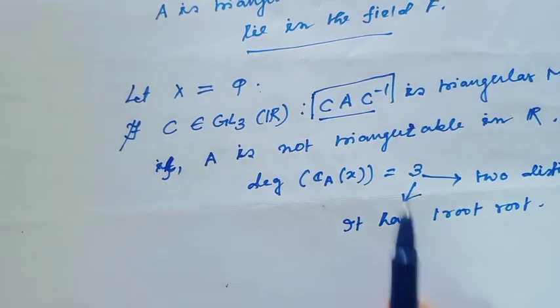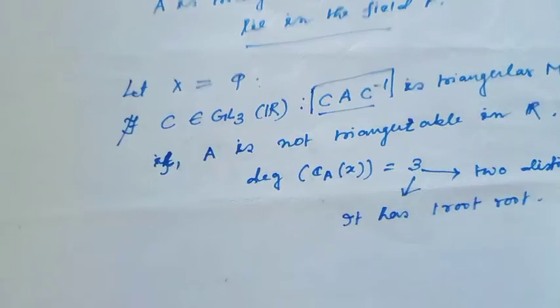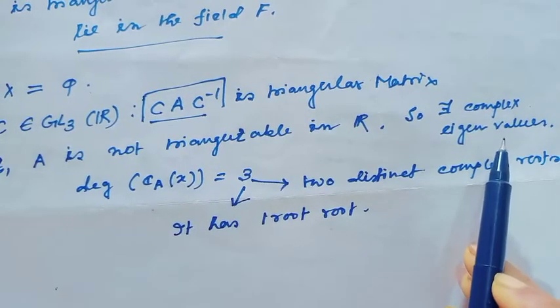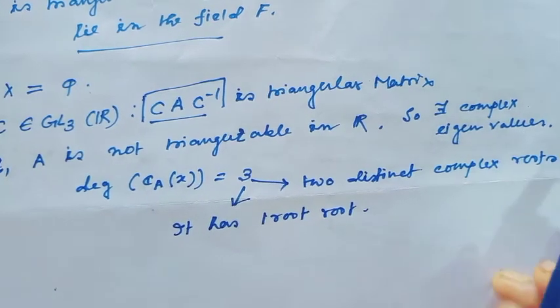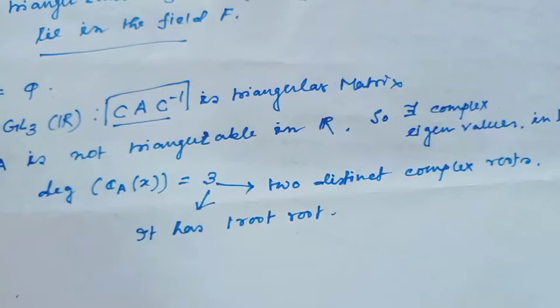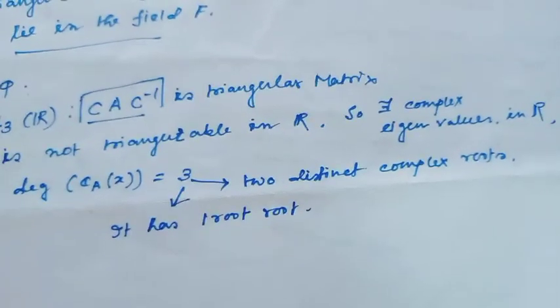If A is not triangulable in the field R, that means there exists a complex eigenvalue, because triangulable means all eigenvalues belong to the field.